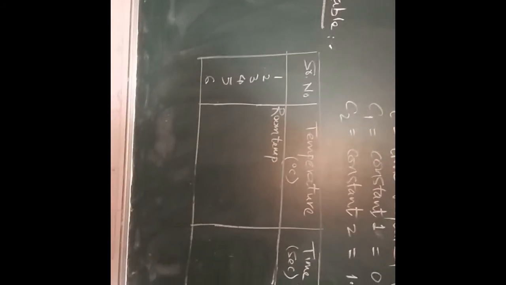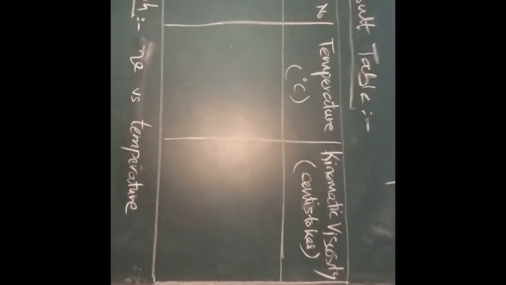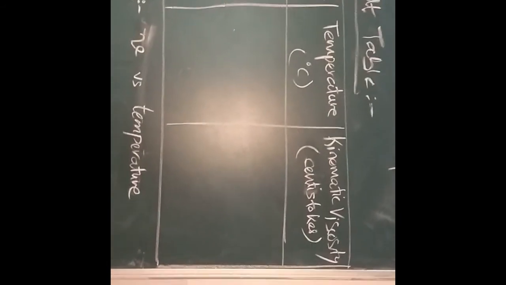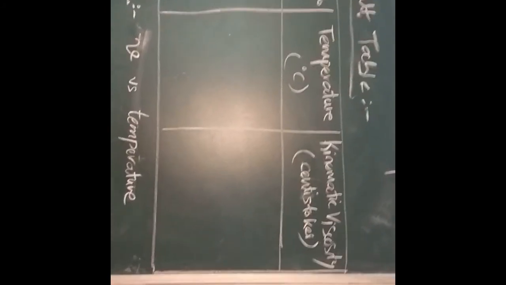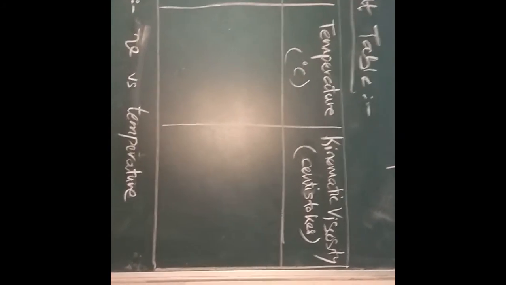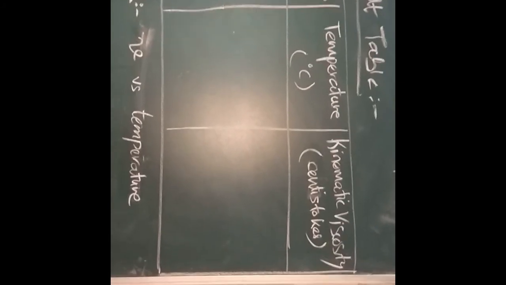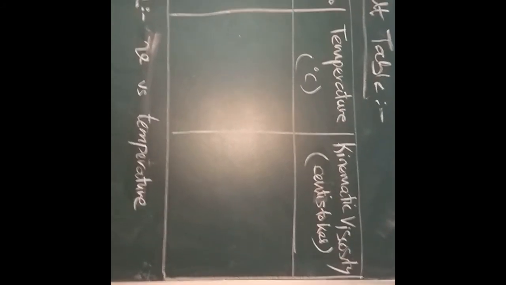Then the observation table will have serial number, to take 6 readings, temperature in degrees Celsius starting with the room temperature, and the required time in seconds, that is T. Then we come to the result table: serial number, temperature in degrees Celsius, and the kinematic viscosity in centistokes by the given kinematic viscosity formula for the Redwood viscometer.